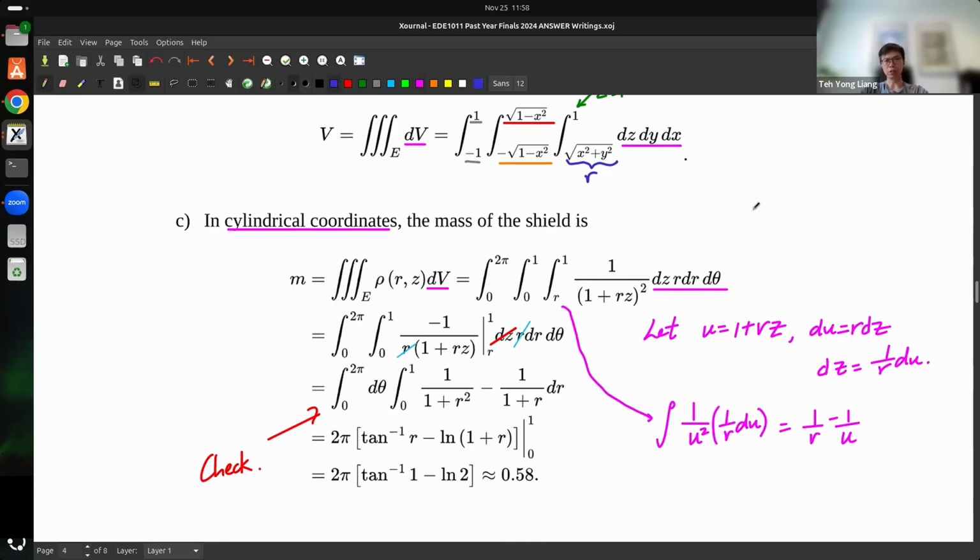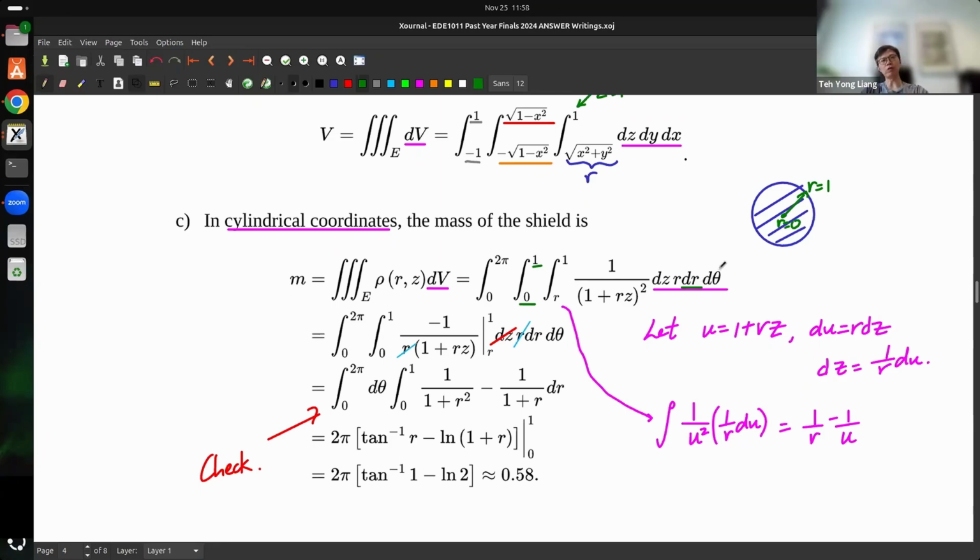If I draw the unit disk here, this is r equals 0 all the way to r equals 1. So these will be your limits for r.